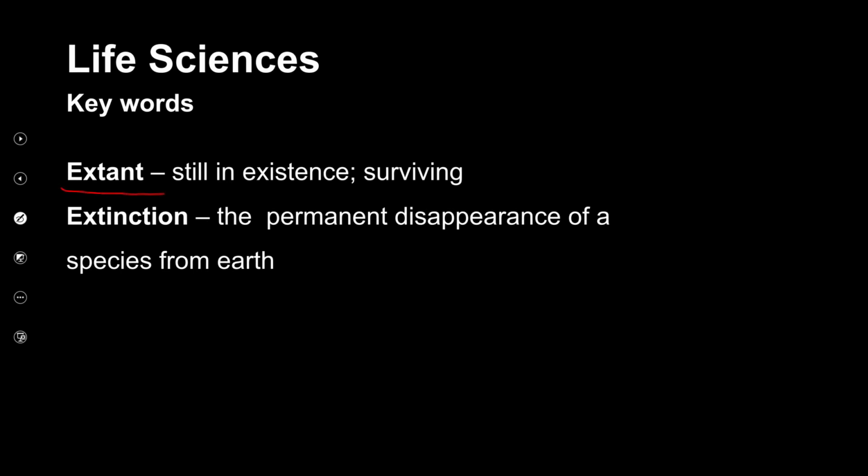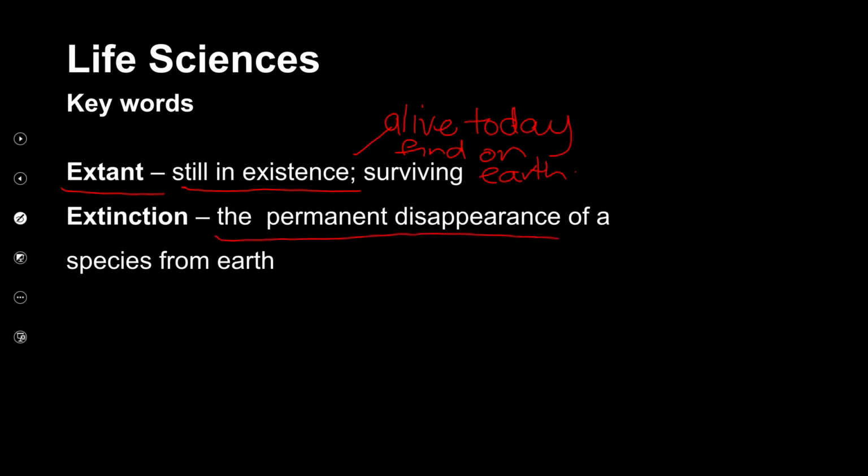Extant is an important term we use when we talk about organisms that are still in existence, so they are alive today. Those are species that we still find on Earth. Whereas those species that have disappeared, that are no longer found but only found in the fossil record, are known as extinct.